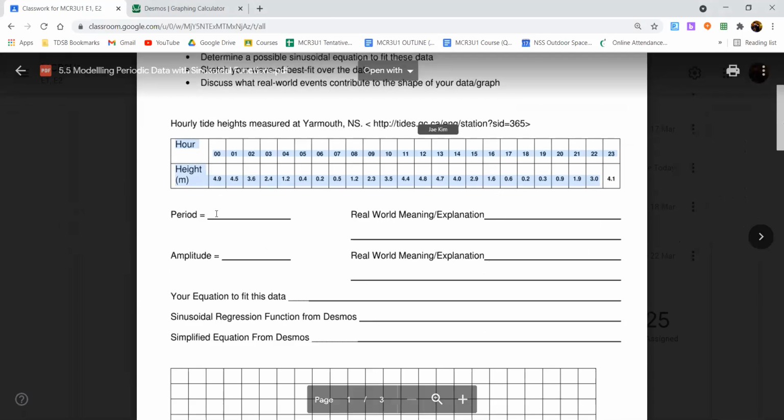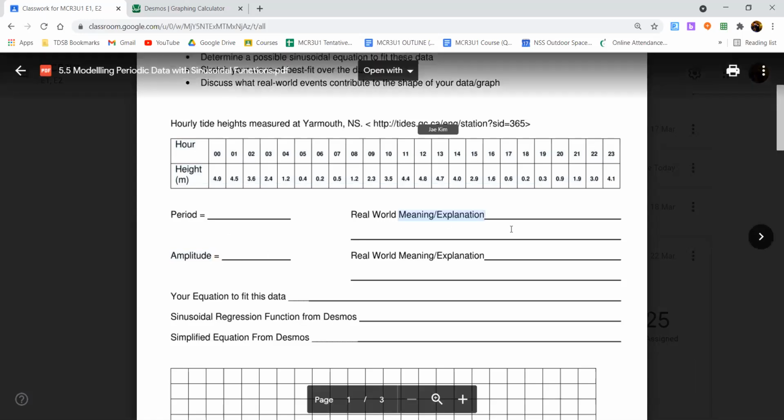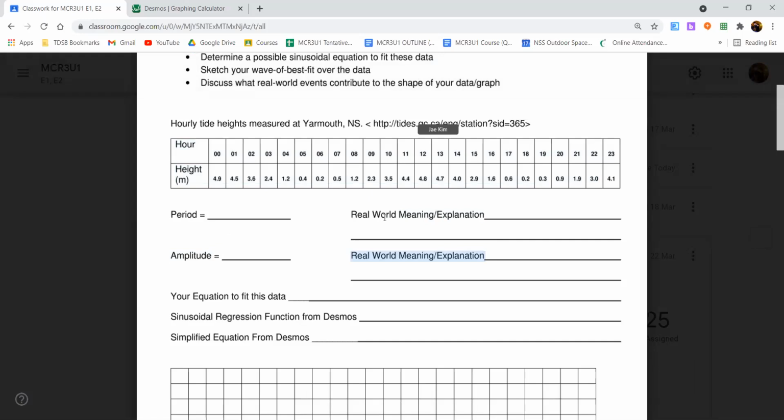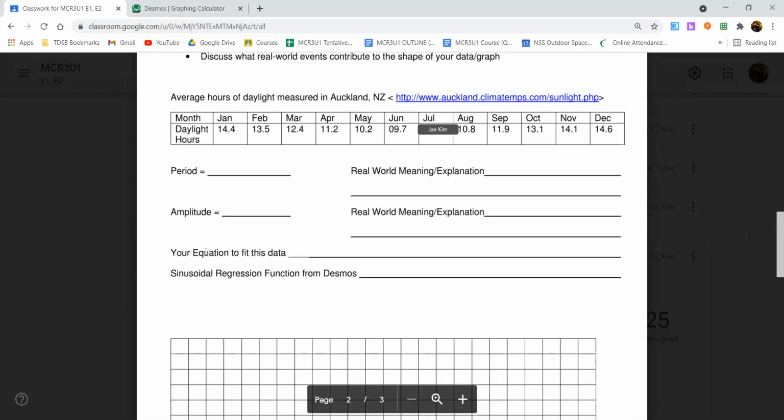Identify the period by looking at how often the cycle repeats. Identify the amplitude by checking out the max and min. Tell me what the real world meaning of that period and amplitude is according to the scenario on page 2. Write an equation to fit this data.